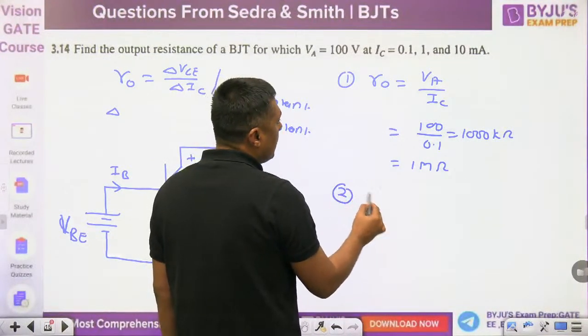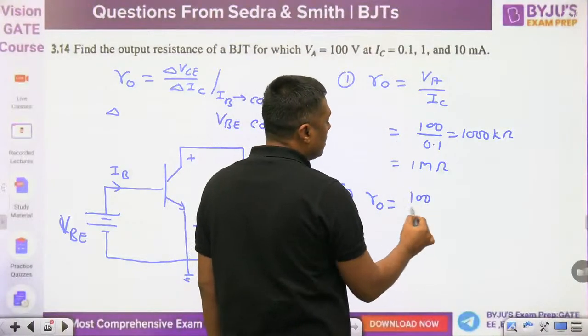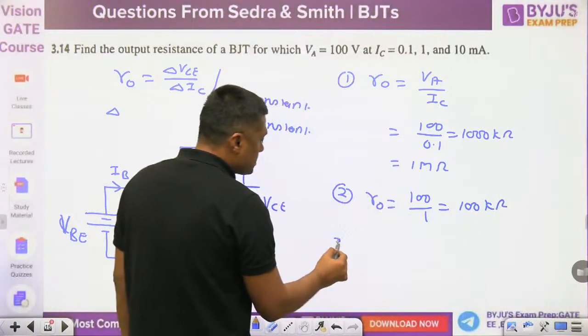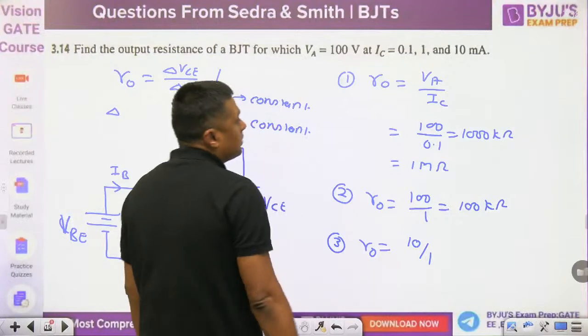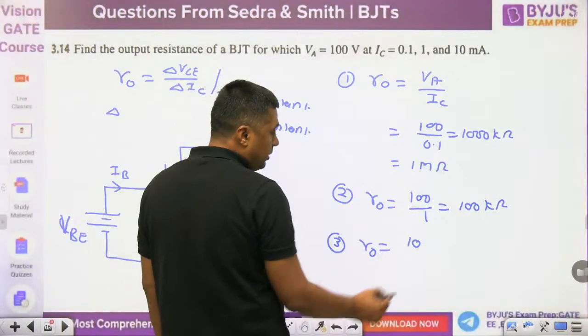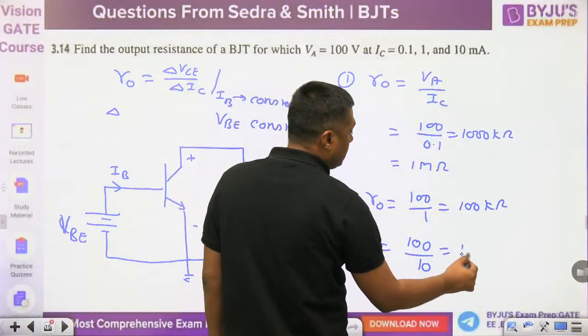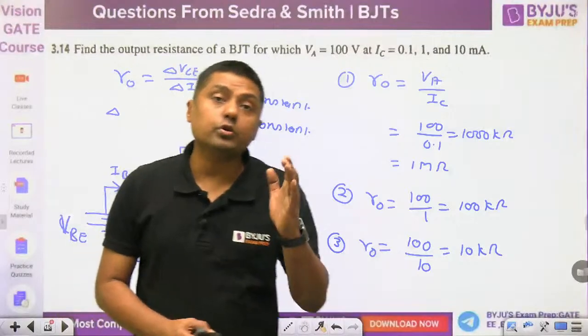Second case, R0 will become 100 divided by 1, which is 100 kilo ohm. Third case, R0 will become 100 divided by 10, which is 10 kilo ohm. So when we increase the value of the current, the output resistance decreases.